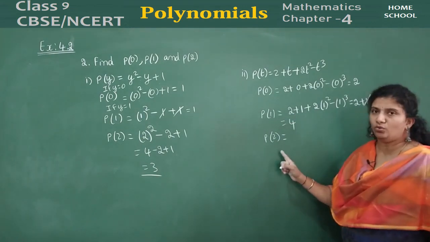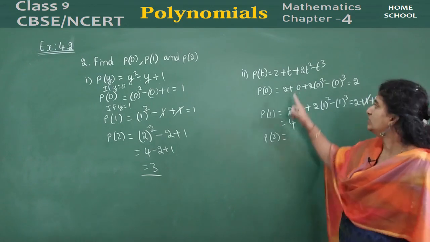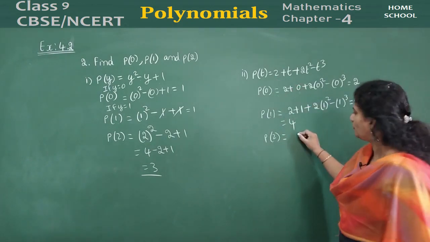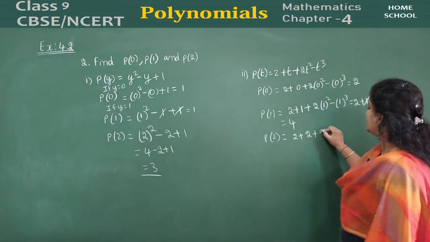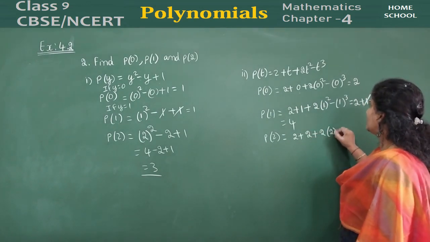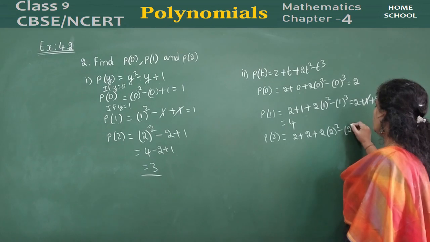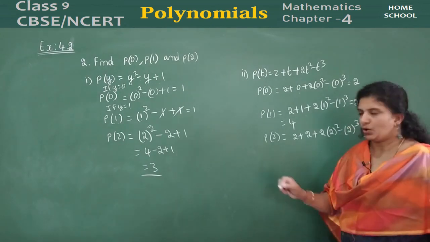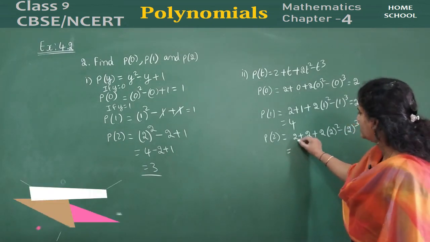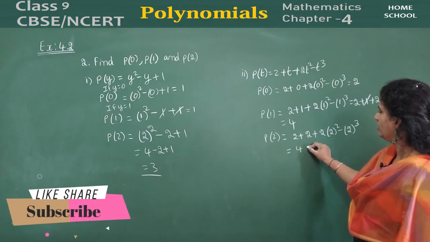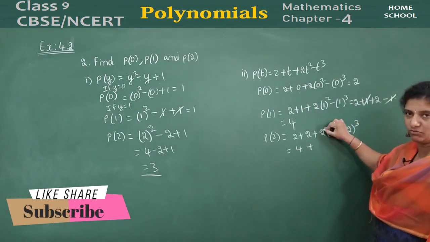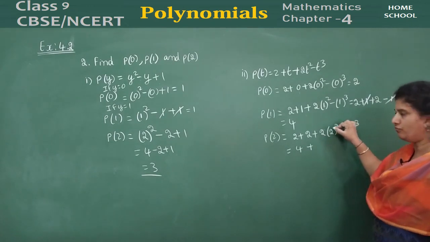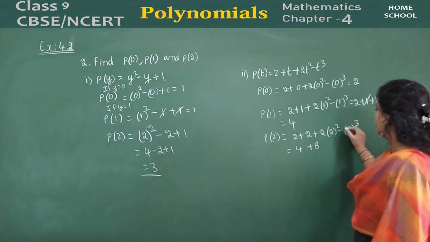P of 2. How do you get P of 2? Substitute in t place 2. 2 plus 2 plus 2 into 2 whole square minus 2 whole cube. Okay, now simplify this. 2 plus 2, 4, plus 2 2s are 4, then multiply one more 2. 2 2s are 4, 4 2s are 8.